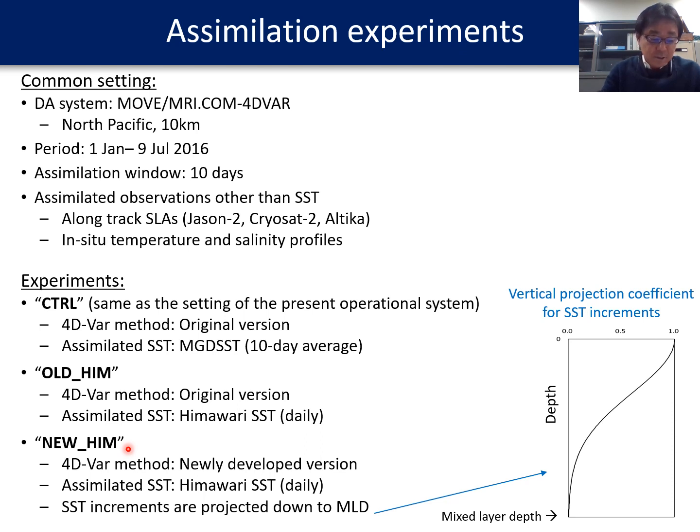So the SST increments are projected down to mixed layer depths according to this profile in this experiment. So first, in the next slide, we compare old HIM and new HIM experiments to see the impact of the new scheme.